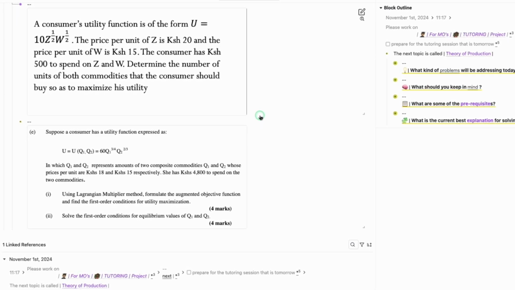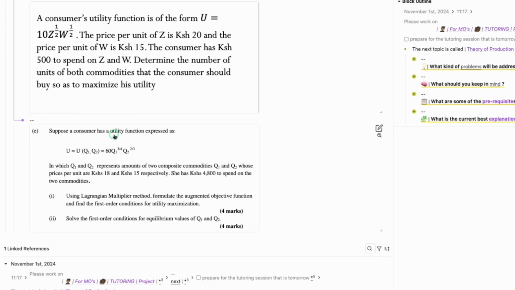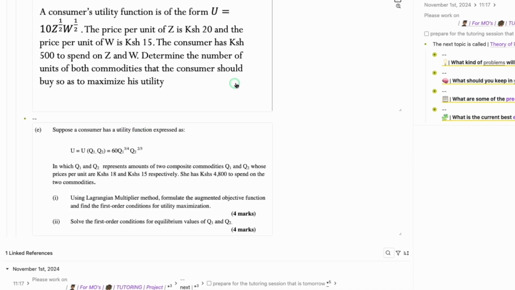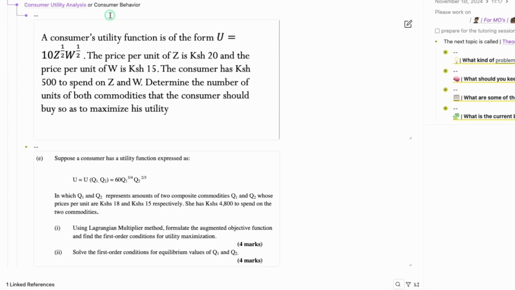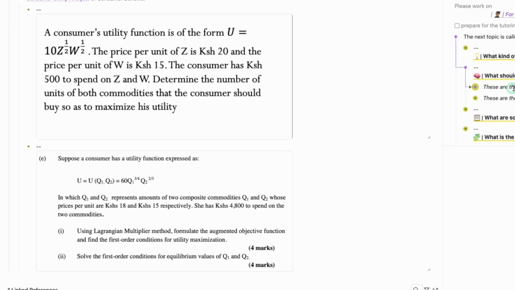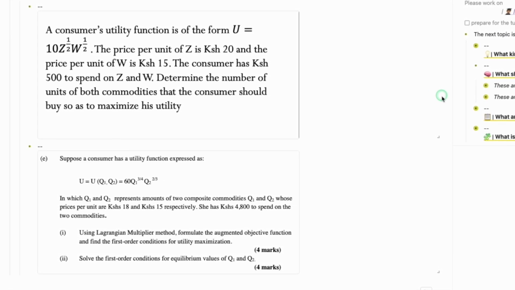If we take a closer look, you'll see they're talking about utility. Utility is a keyword when you're looking at consumer utility analysis. So that's one of the things that you should keep in mind. It's one of the keywords that can fall under this particular topic.